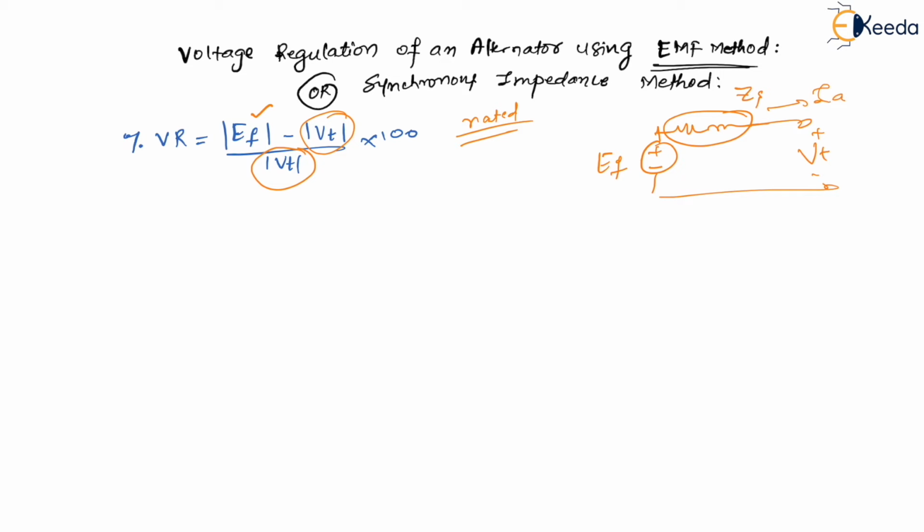Between my EF and my Vt, the voltage drop IA ZS is present, which means I am interested in finding this value of ZS. That has to be my aim.